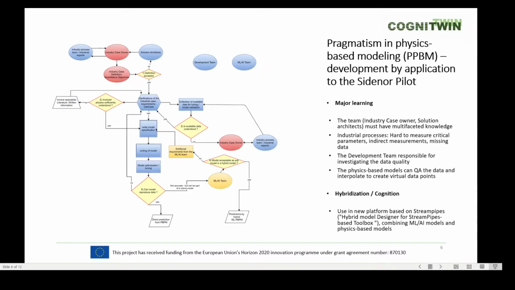And there are two loops here. There is one loop to the left, which is about the physics and understanding the physics. And to the right, there is a loop regarding the data, to understand the data. So these things are, in a way, coupled. To understand the data, you should also understand as much as possible of the physics.